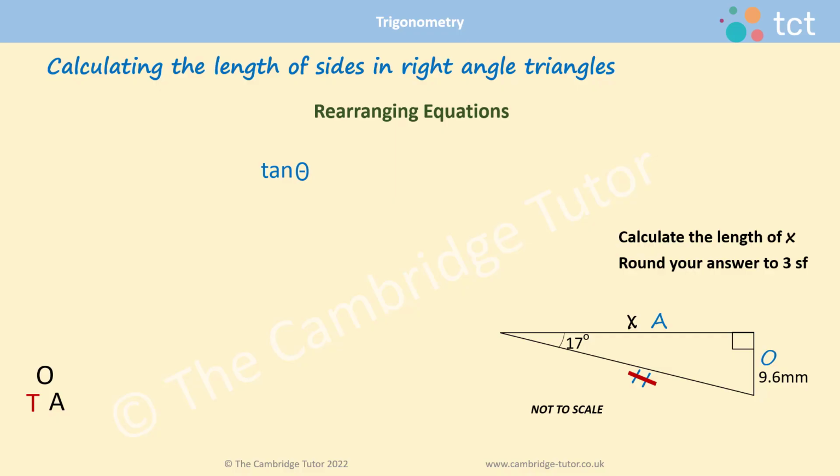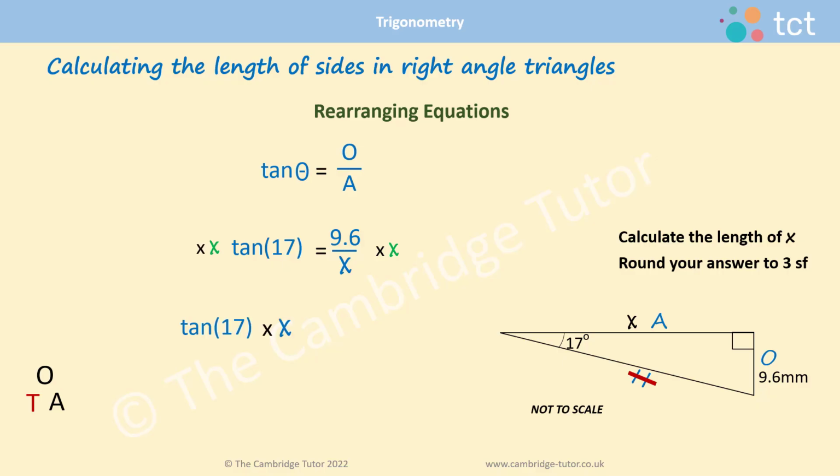So the tan of theta, the tan of the angle, will be equivalent to the opposite divided by the adjacent. The tan of 17 equals 9.6 divided by x. First thing is to cancel out the division to get rid of that fraction. Times it by x, do the same on the other side.